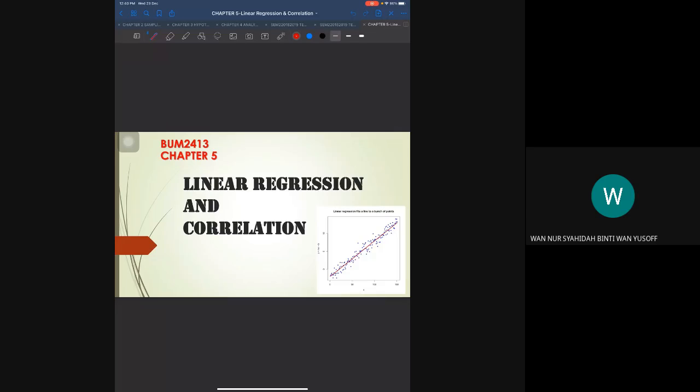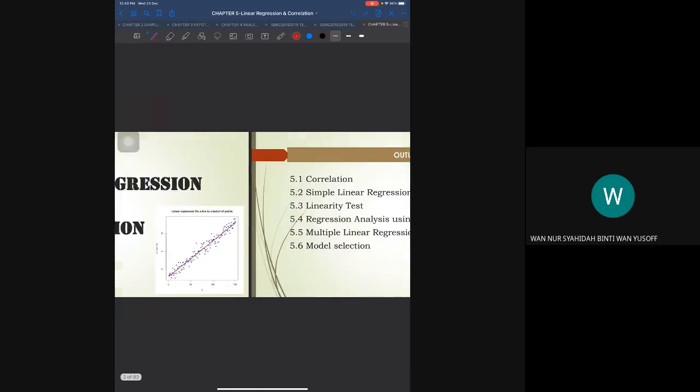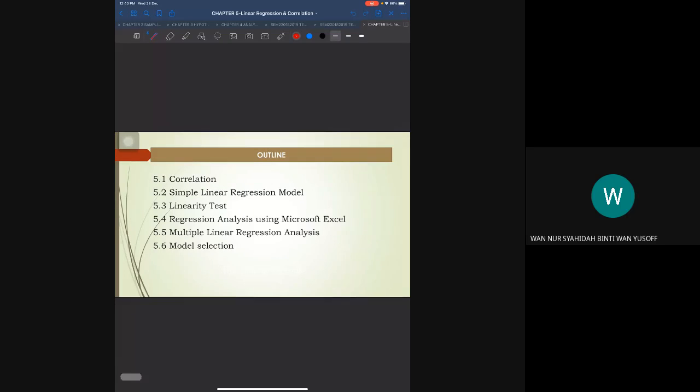So today it is about chapter 5, linear regression and correlation. Regression is about the relationship of two or more variables. The minimum number of variables for regression is 2.